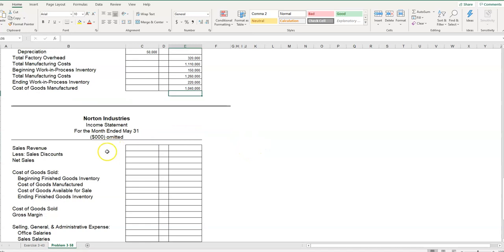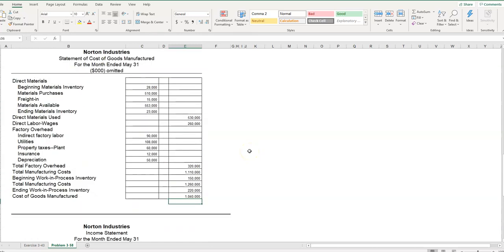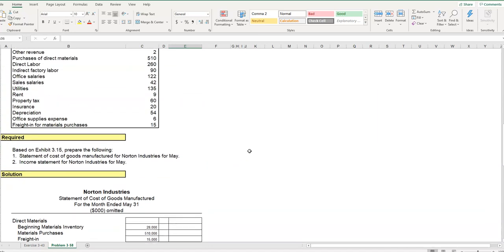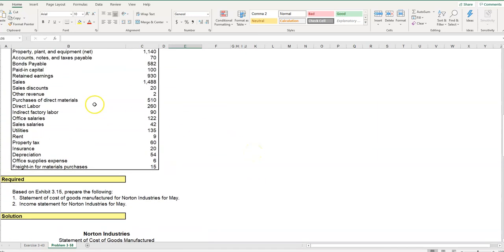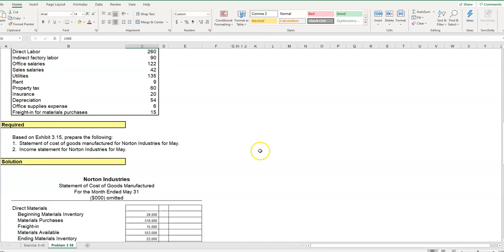The next thing we're asked to make is our income statement. So we start with sales revenues less sales discounts. Our sales revenues are $1.488 million, and our sales discounts are $20,000.